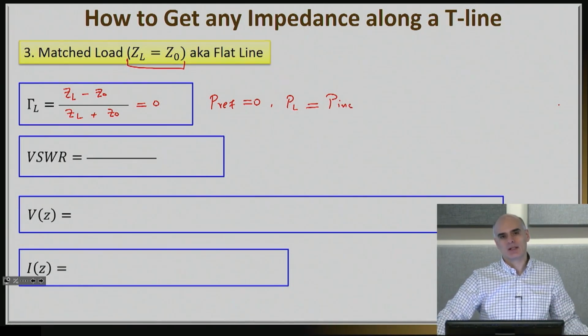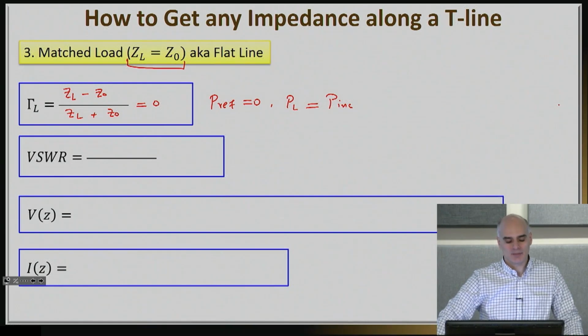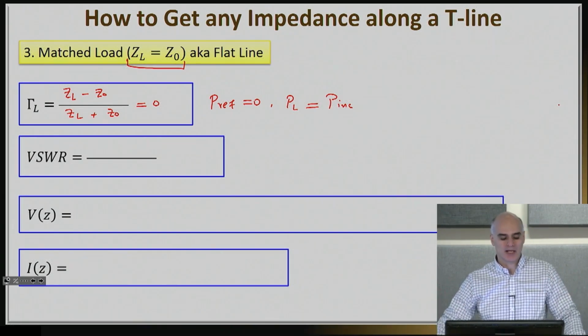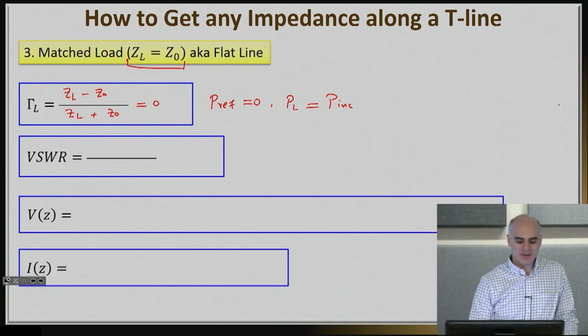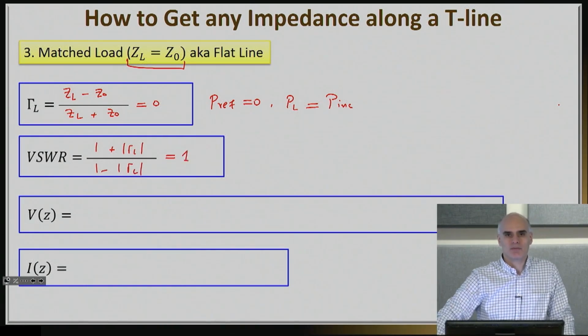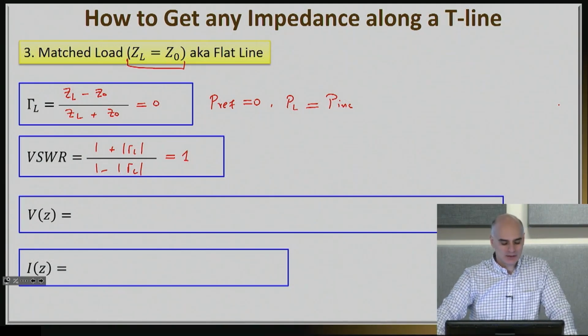Many times that's the desired result, particularly when we build a line to connect the source to a load and we want the power to balance well. The VSWR, which is 1 plus gamma L over 1 minus gamma L, is going to be 1, which, as we discussed before, is the minimum value that you can get.